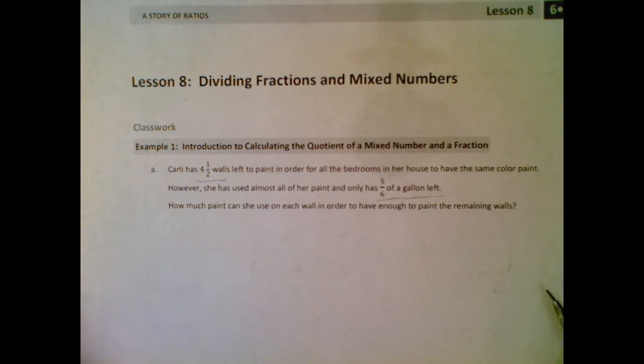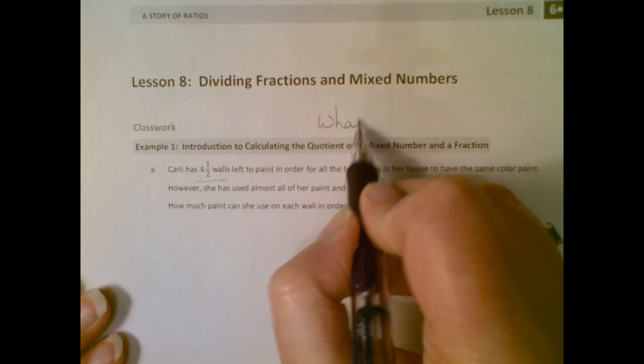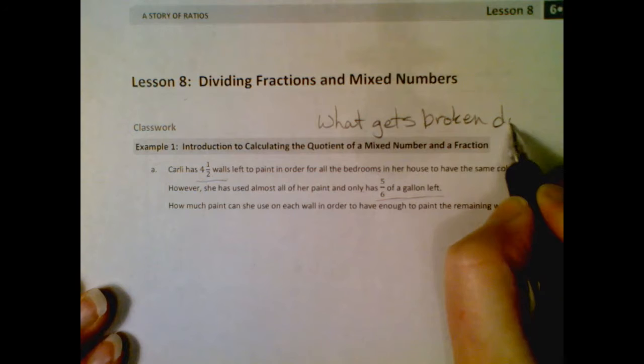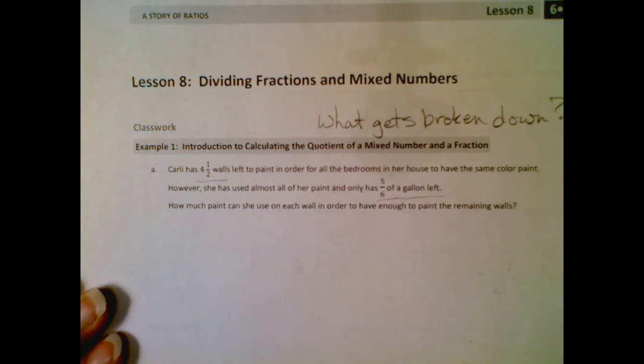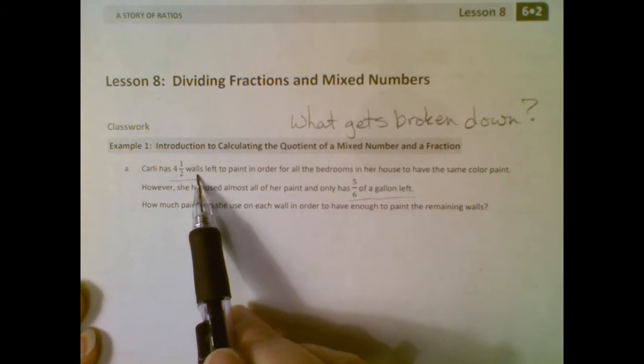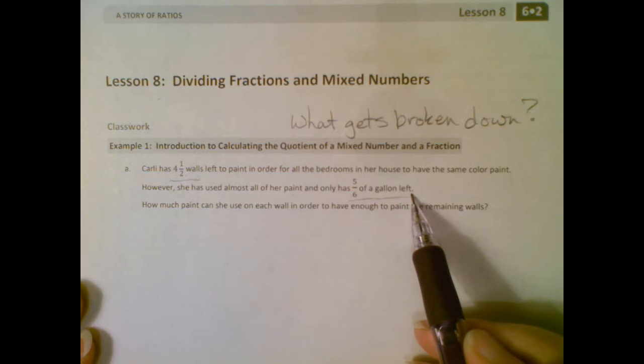Okay, whenever we have division problems, we always need to ask what gets broken down. So what gets broken down? Well, we have 4 1/2 walls and we have 5/6 gallons of paint.